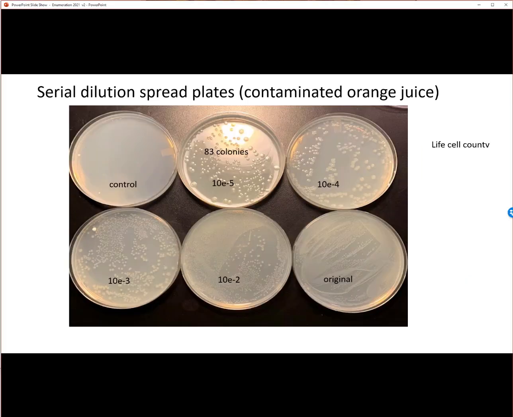The first explanation I want to give to you is serial dilution in spread plates. So you take a sample, maybe contaminated orange juice, and you do 1 to 10 dilutions.